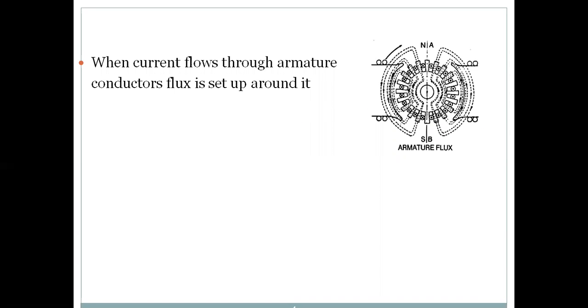Armature flux: when a current flows through armature conductors, flux is set up around it. Now this is an image of the armature core having slots, and each slot accommodates one conductor as shown in this figure.